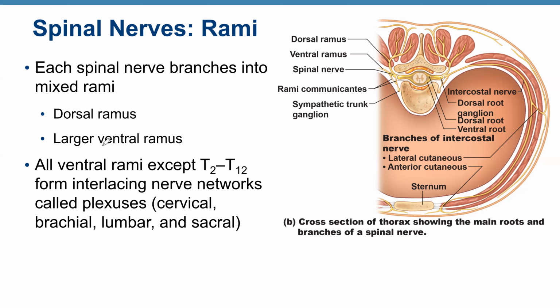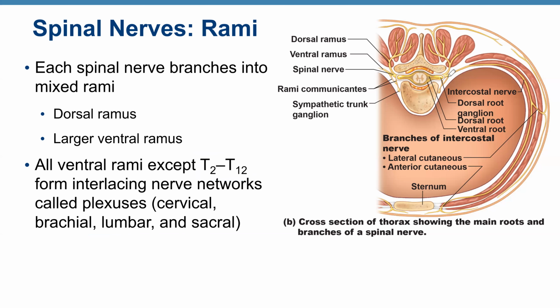Now, all these ventral rami, with the exception of T2 through T12, form interlacing nerve networks called plexuses. We have cervical, brachial, lumbar, and sacral plexuses. We will talk about plexuses in our next slide. But what happens with the ventral rami from T2 through T12?